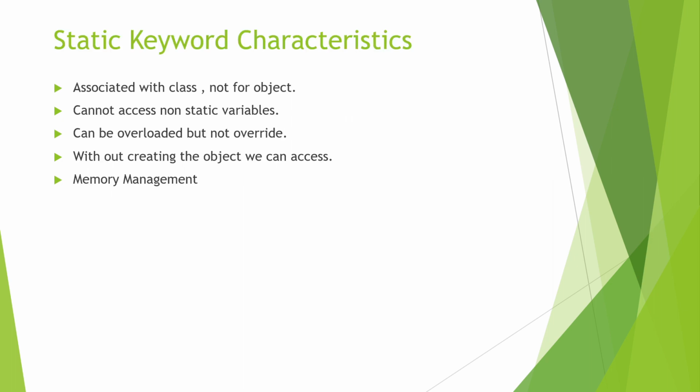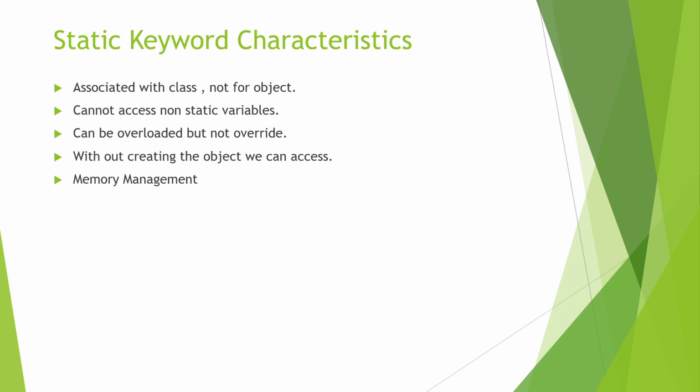First, we will discuss static keyword characteristics. We already discussed the first point, associated with the class, not the object. Second, it cannot access non-static variables: inside a static block or static method, we cannot access non-static variables. Third, it can be overloaded but not overridden.